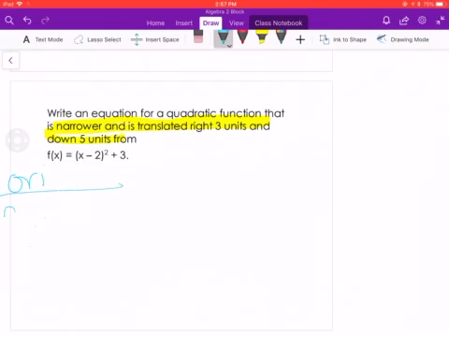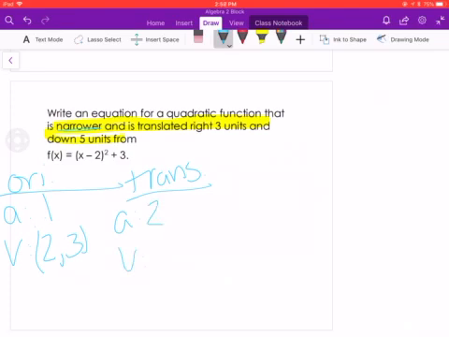Your original a value is 1, and your vertex for the original is 2, 3. So when we do our translated one, we now want our a value to be more narrow. So your a value has to be bigger than 1, so we can just pick 2. And now for your vertex, it's translated to the right 3.